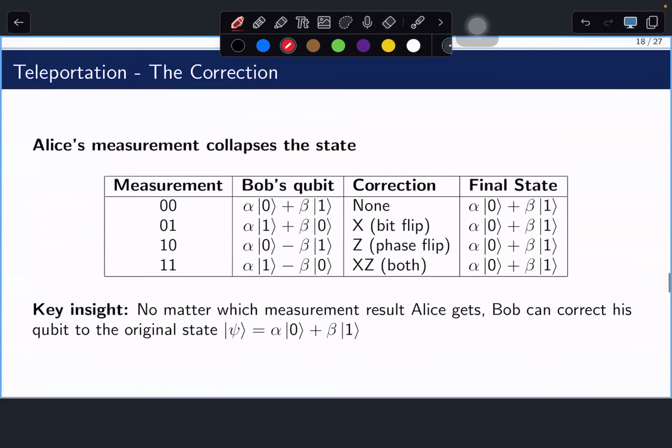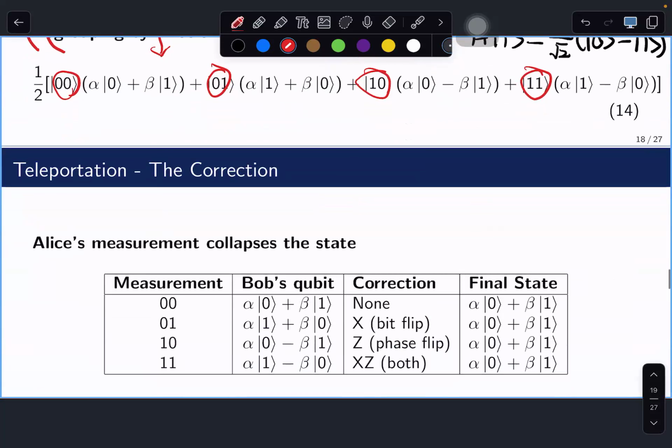So from our final expression here, if we measure the first 2 qubits and we get 0, 0, what's the remaining part? The remaining part is alpha |0> plus beta |1>. So the remaining part is on the 3rd qubit, the second entangled qubit, to be specific.